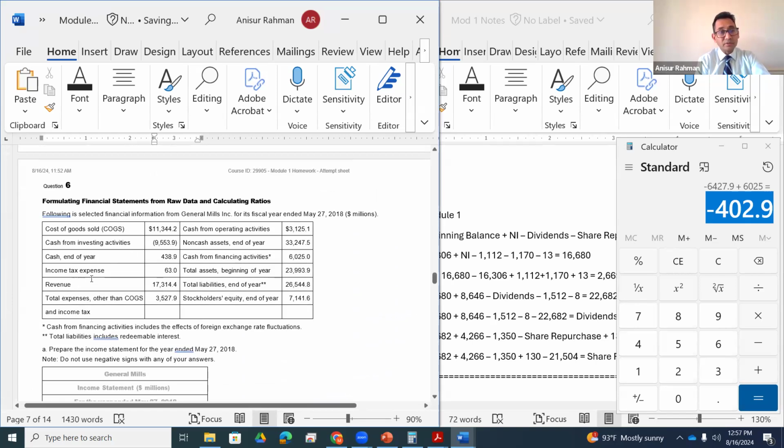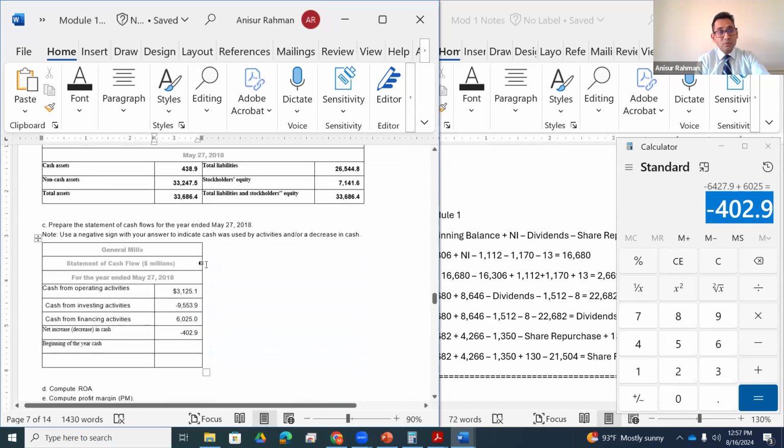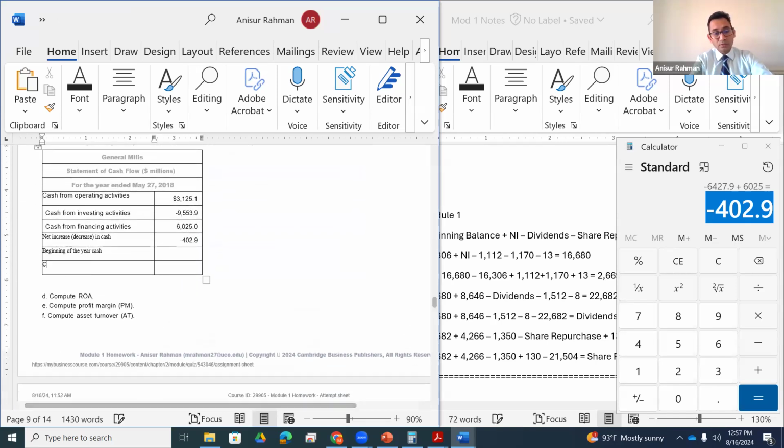We have cash end of the year. We don't know the beginning. So what we can do, we can use cash end of the year.